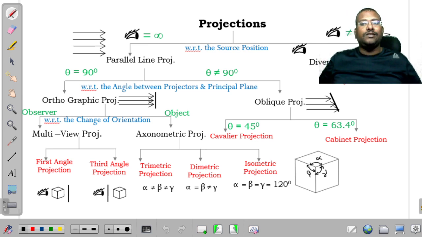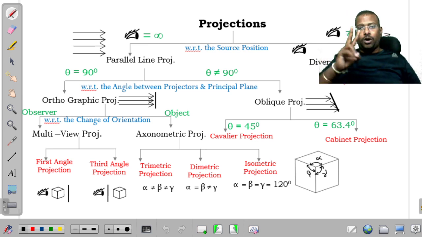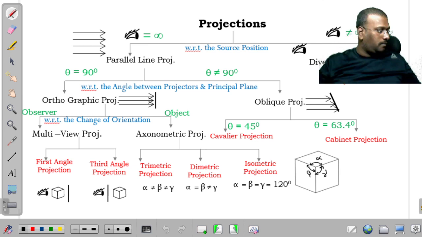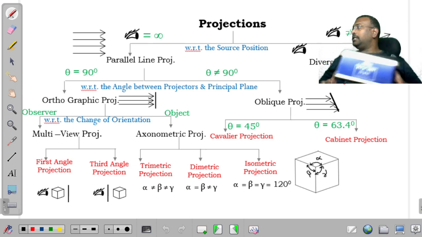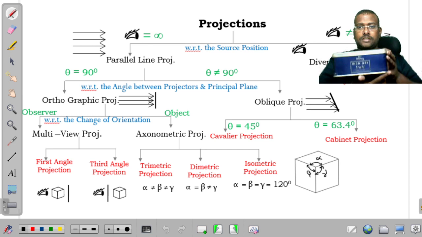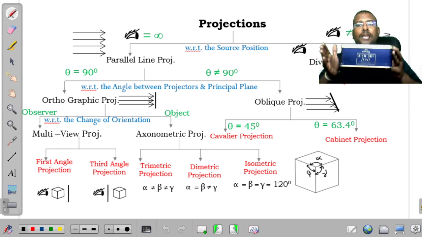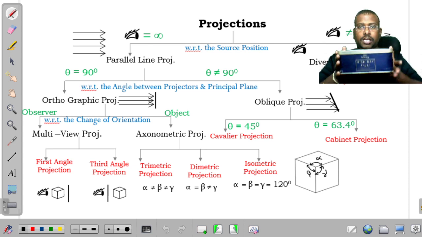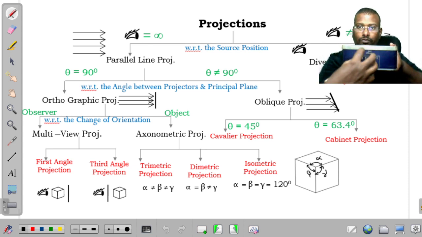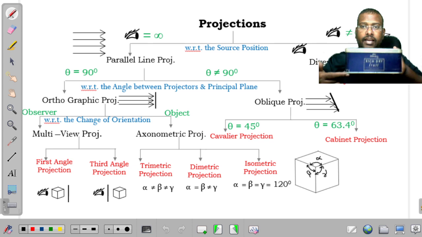Again, the elements are divided into two broad classifications. What are they? Let us consider this object is having length, height and breadth. In order to get this information, if I view from here, I am going to get length and height.